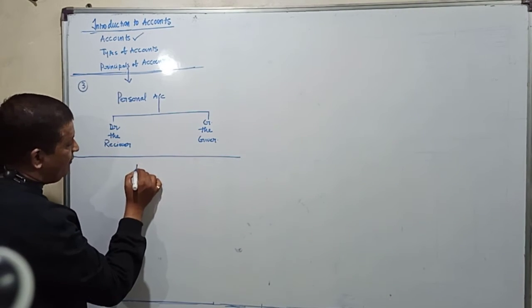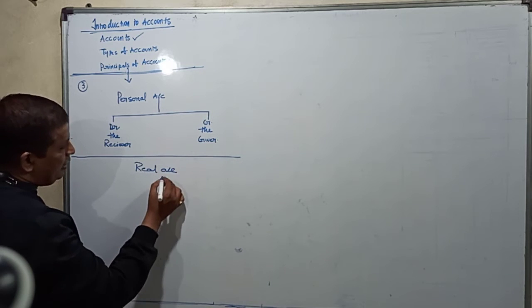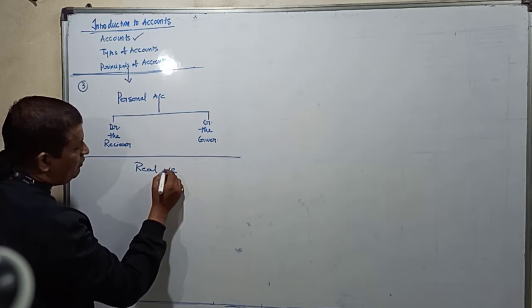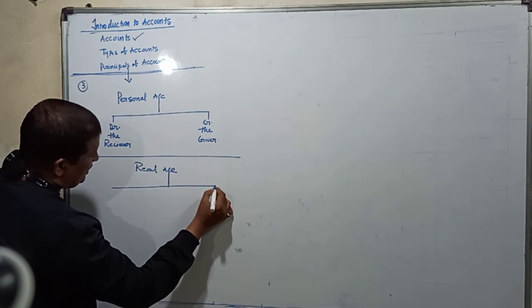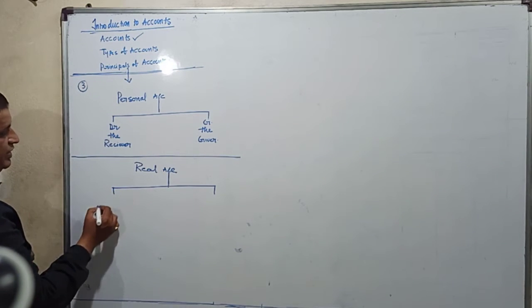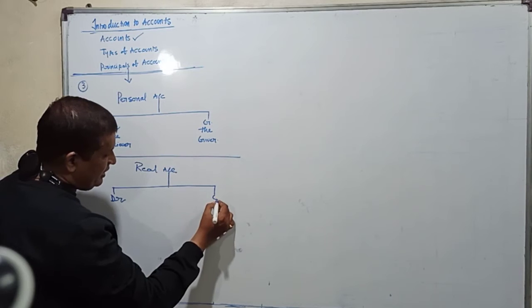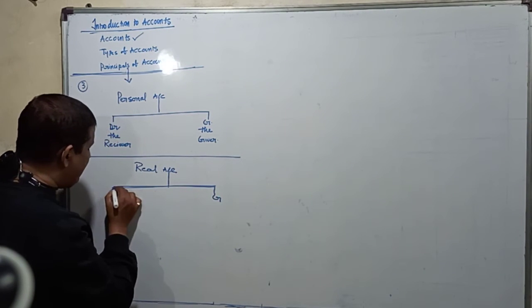Next we have real account. Again we are talking about an account. Account has two sides, the left hand side and right hand side. Left hand side is the debit side, right hand side is the credit side. So these are the principles or the rules of debit and credit.